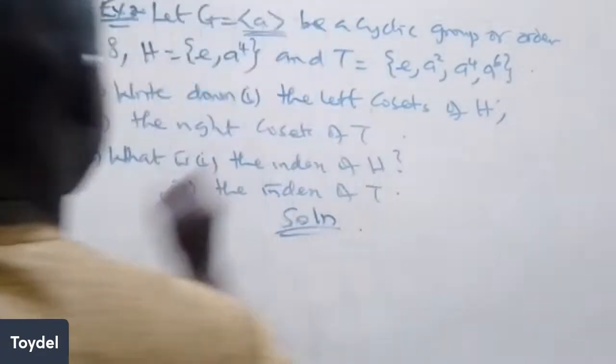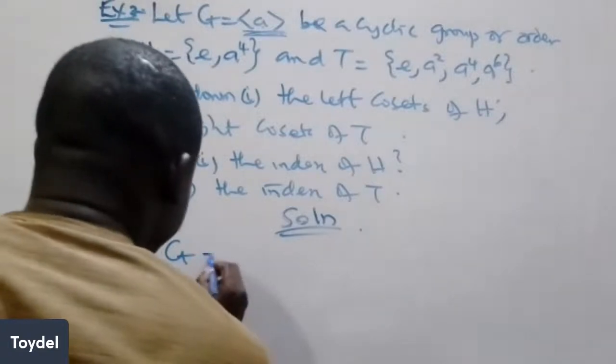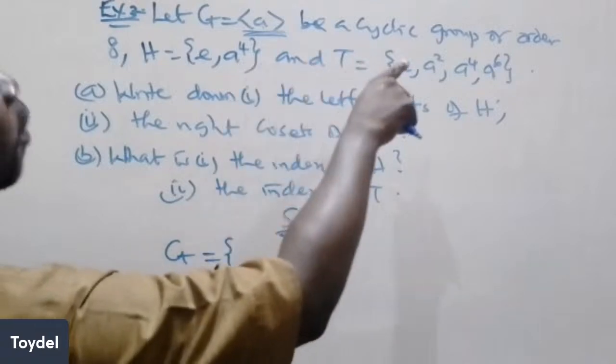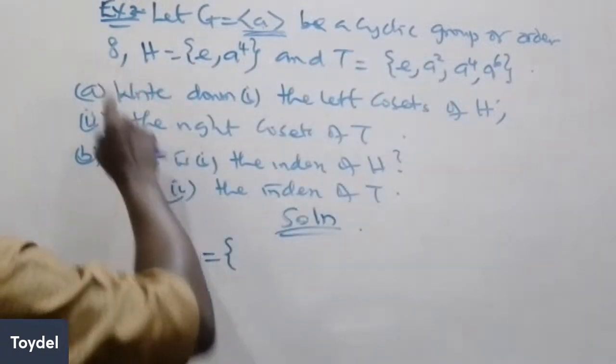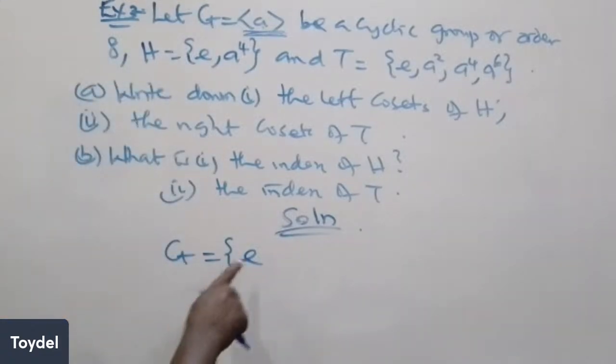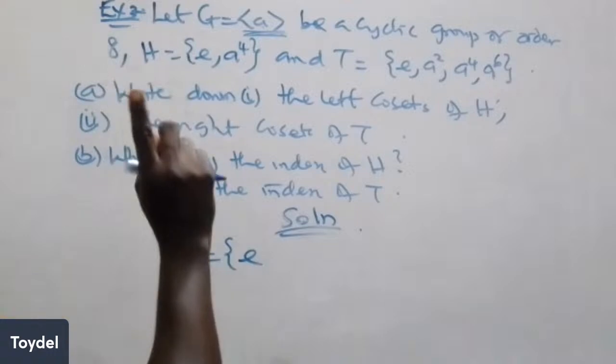The first thing is that we are going to get G. What is G? G is a cyclic group of order 8, so we have something of this nature. E is the identity element, which is 1, A raised to power 0 is 1.